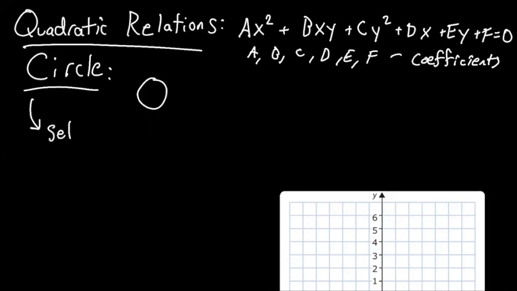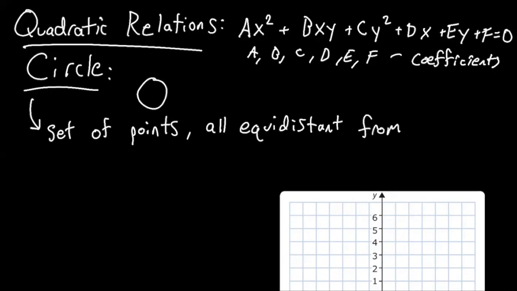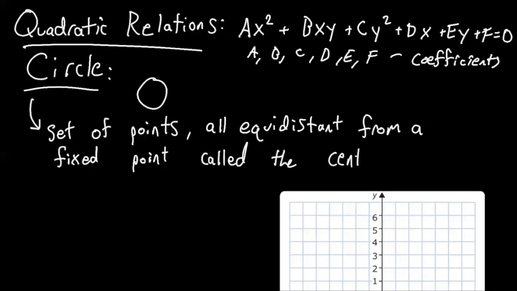Circles are defined as the set of points where each point is equidistant from a fixed point. And that fixed point we call the center of the circle. So a circle is a set of all points equidistant from a fixed point called the center.